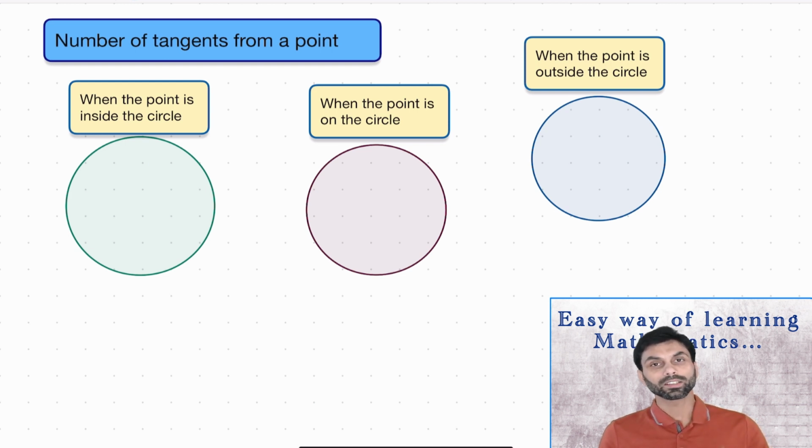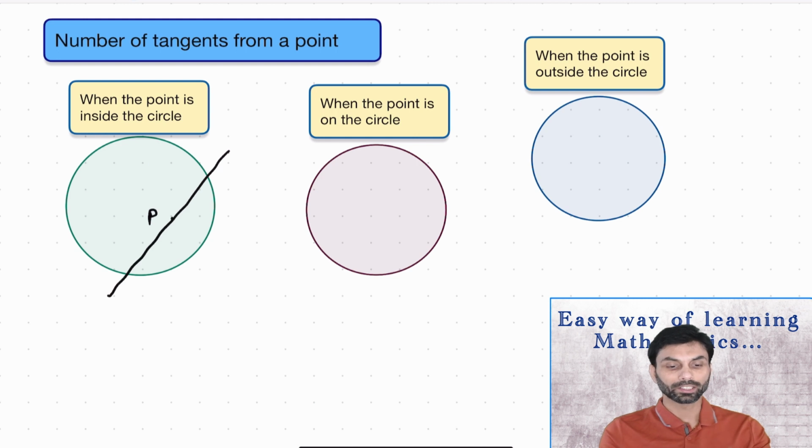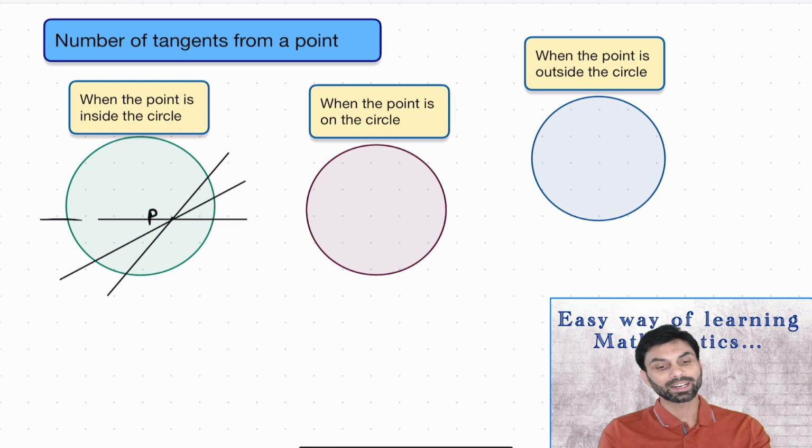When the point is inside the circle, suppose we take the point P, any line passing through this point will intersect the circle at 2 points. And so in that case, the number of tangents will be 0.